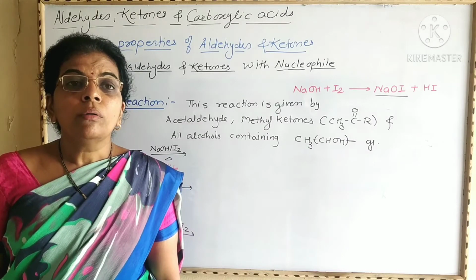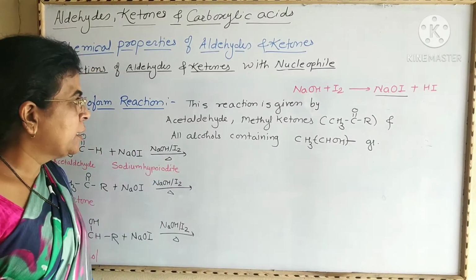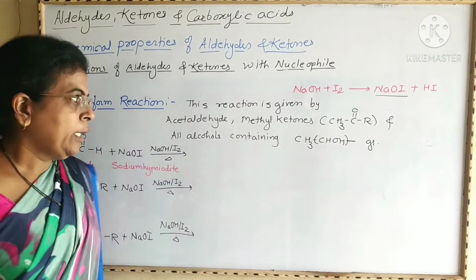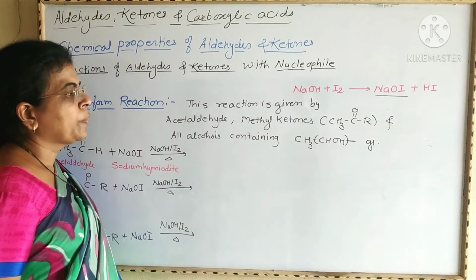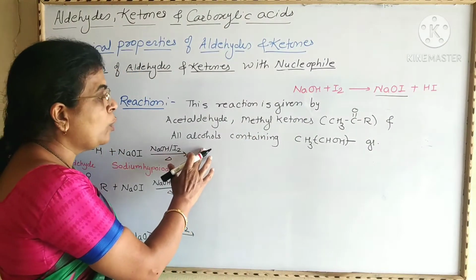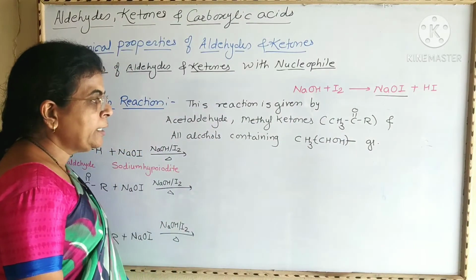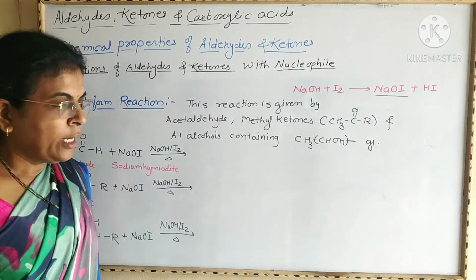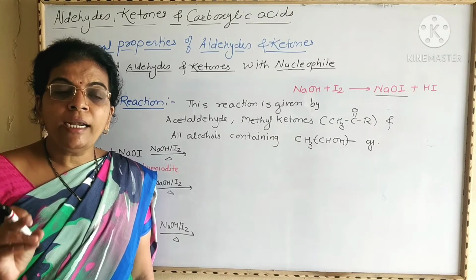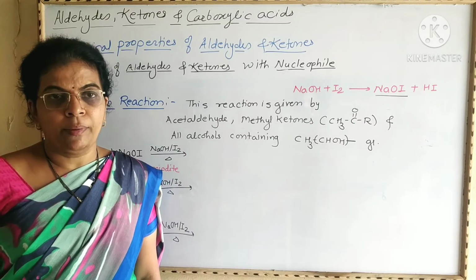Now there is a condition for this reaction, that is this reaction is given by only acetaldehyde or methyl ketones or alcohols containing CH3CHOH group. That is the aldehydes or ketones which possess at least one CH3 group attached to the carbonyl carbon.